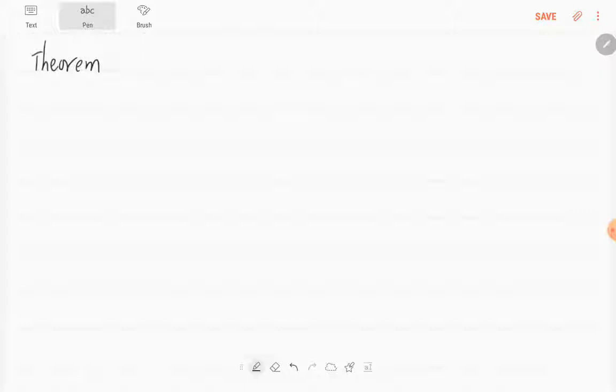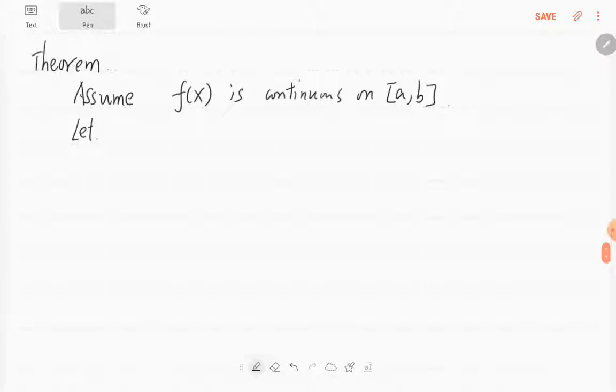It also tells you how to find the global maximum and global minimum for a continuous function on a closed interval. We assume the function f(x) is continuous on a closed interval [a, b]. Let f(c), the function value at x equals c, be the absolute maximum, or the absolute minimum.